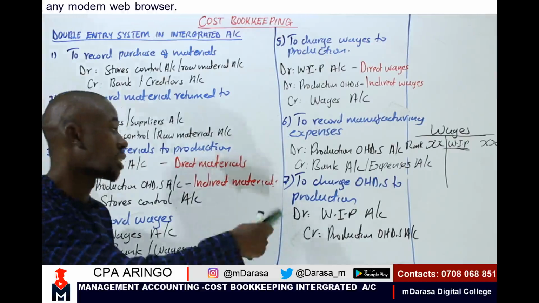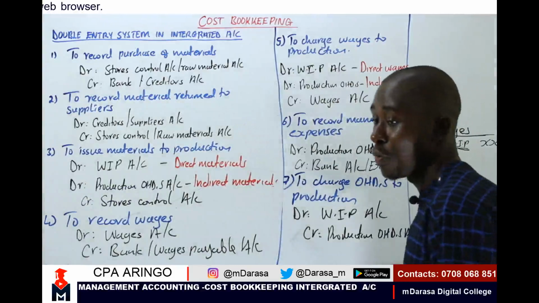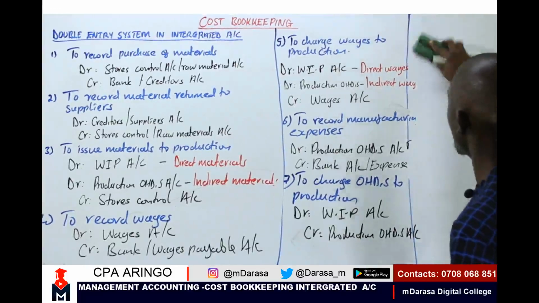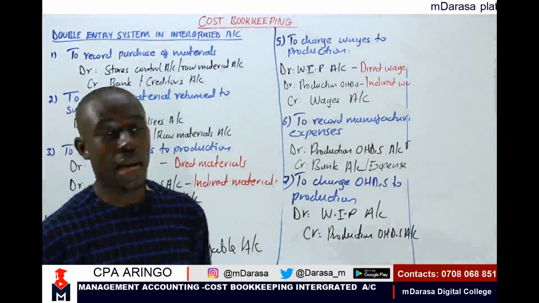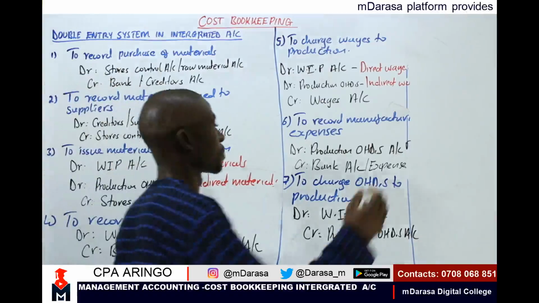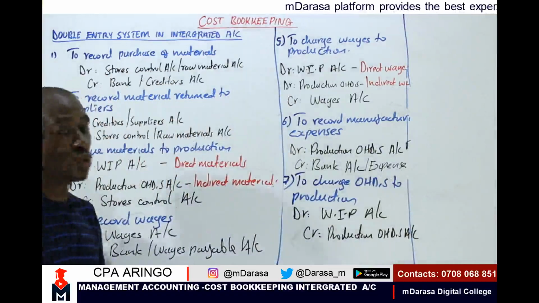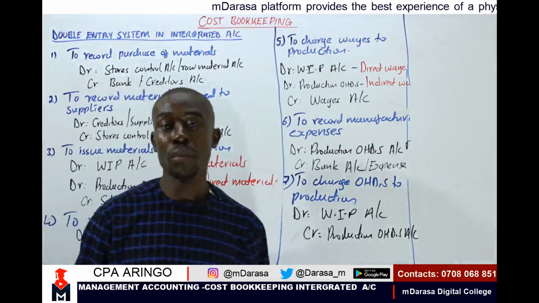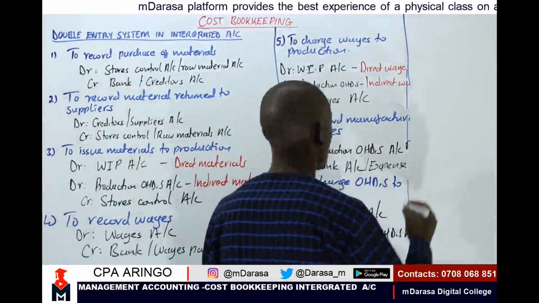But basically, these 7 are the main components that we must always have at the back of our mind. I've mentioned the 7 are the main, but these elements we're going to look at are also very important. Of course, we'll be talking of recording cost of goods produced.